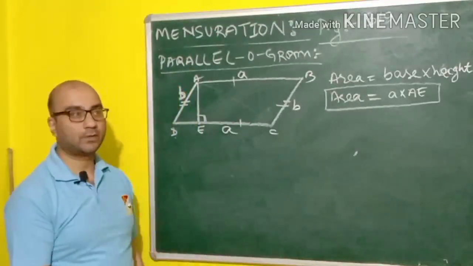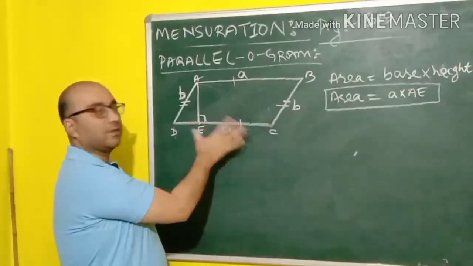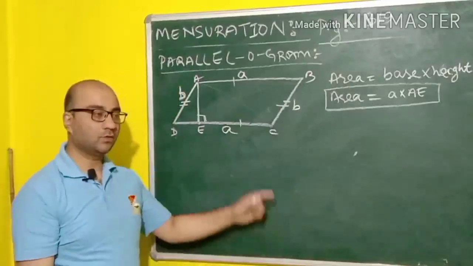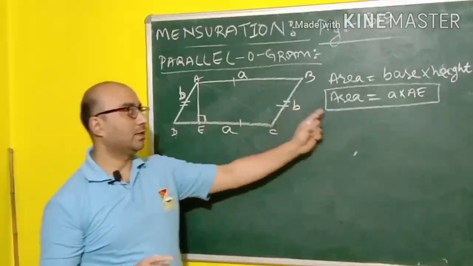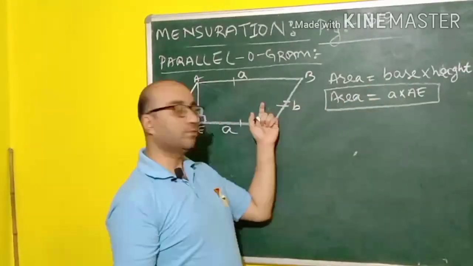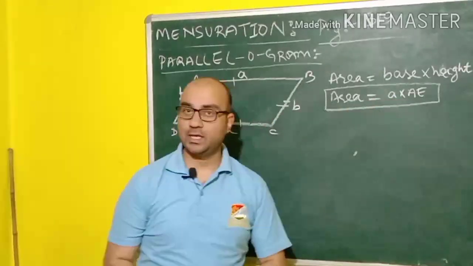Don't worry about that. When we flip the figure, there are many figures in which the figure is not given in this orientation, it is given in some other orientation. So we will discuss those types of questions also. At this point, just remember that the area of a parallelogram is given by base into height. So for this particular figure only, area is equal to A into AE.